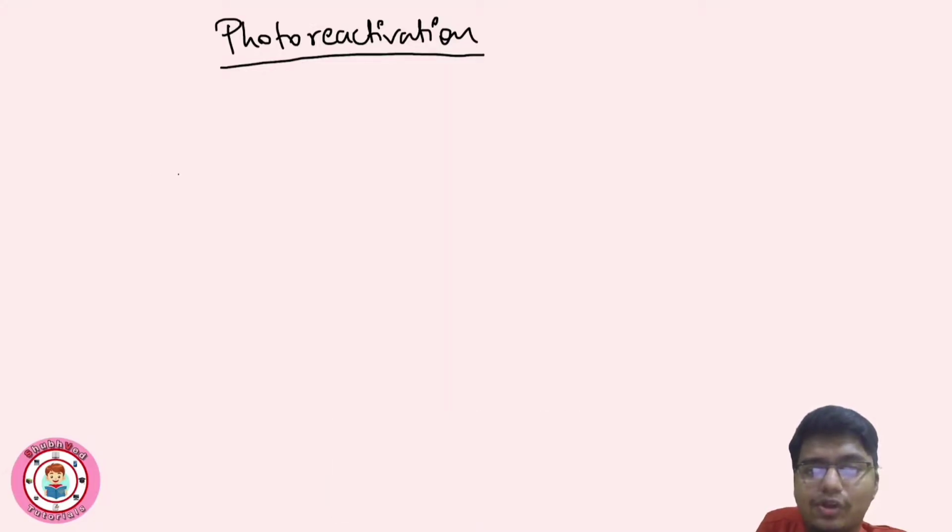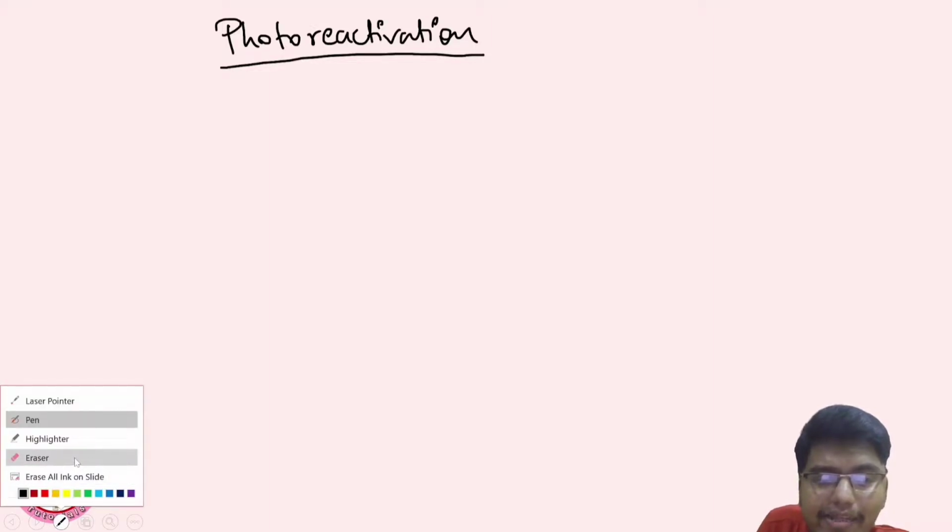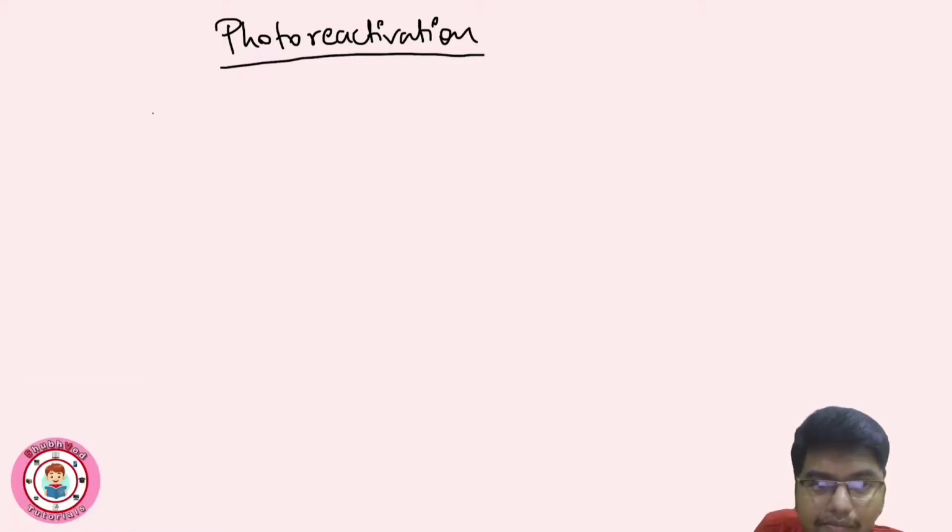In the previous video, we discussed the mismatch repair pathway. This video is about photoreactivation. Basically, what is photoreactivation, and why is it used? It is used in the case of pyrimidine dimer formation. We have discussed this as a DNA damage, right?